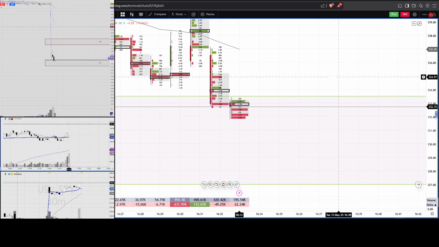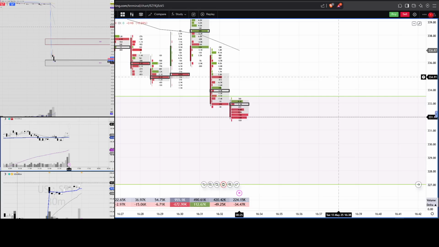I want to see another confirmation regarding selling. This one just showed that the sellers were absorbed. Maybe if I see sellers in the same area again, that would give me more confidence.